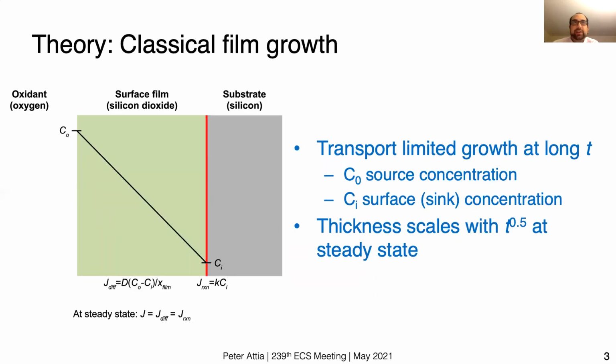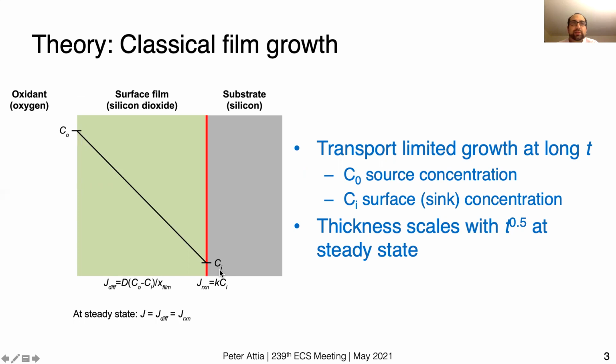Let's start with the theory side here. We'll start by looking at classical thin film growth. So this cartoon is showing silicon dioxide growth on silicon. And at long times, once the thickness of this silicon dioxide layer has exceeded some critical value, this system will be transport limited.